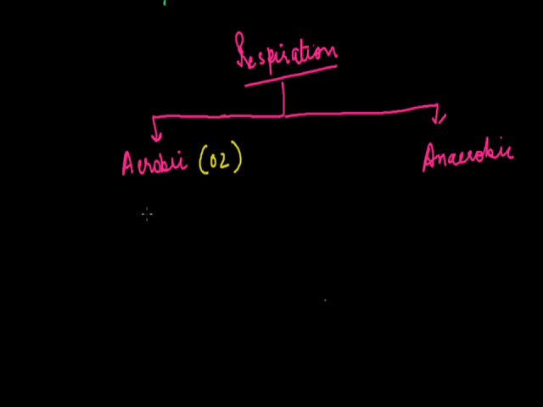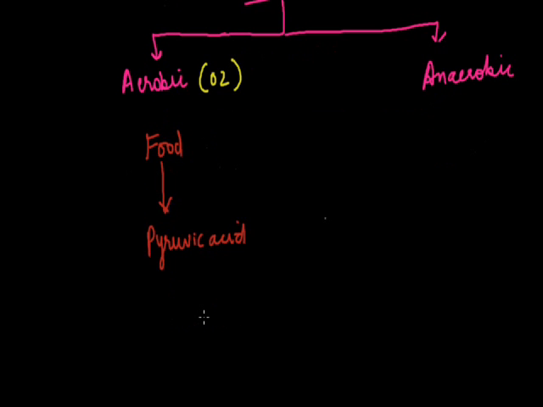If I give you a diagrammatic representation of aerobic respiration, I will write it like this. Food first gets converted into an intermediate product which is called pyruvic acid. This pyruvic acid again gets converted into carbon dioxide, water and 38 ATP, that is the chemical form of energy.